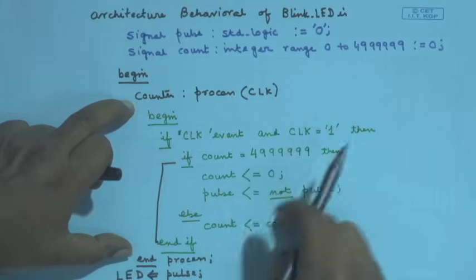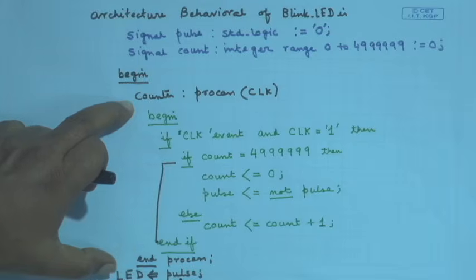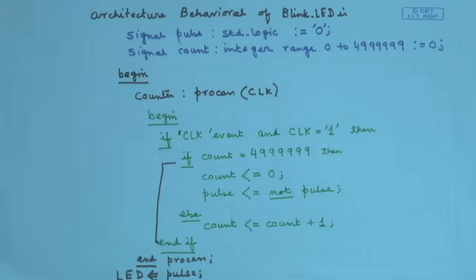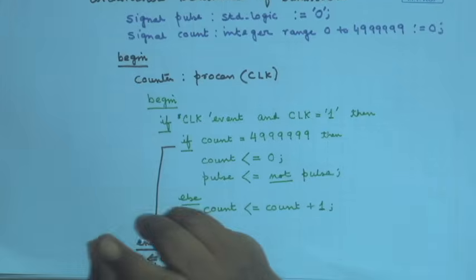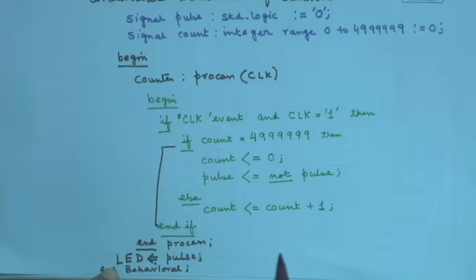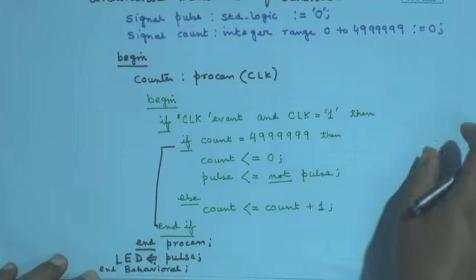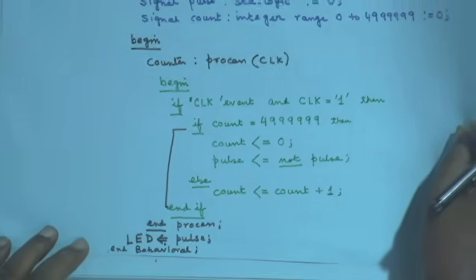And at that time it is coming out of this, and then that pulse is being sent to the LED. Now, where is this LED declared? LED has been declared as a port in the entity description, because the clock has also been described in the entity description, that is the port. So, the pulse goes to the LED, and that is the end of my behavior.